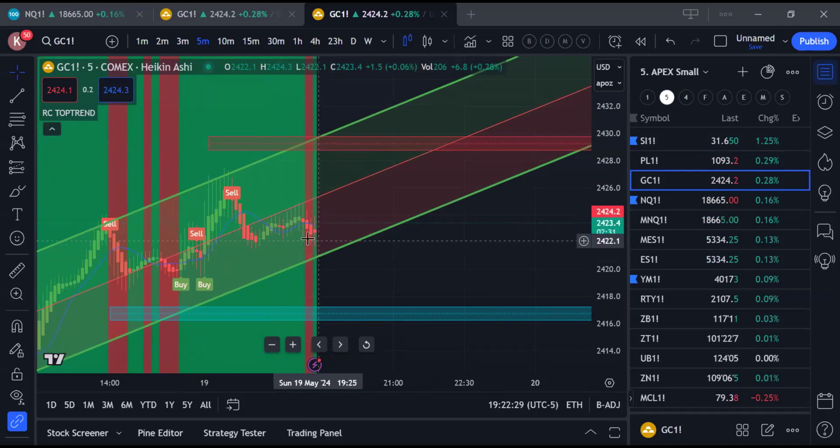If we get a buy signal now, it will start going up.